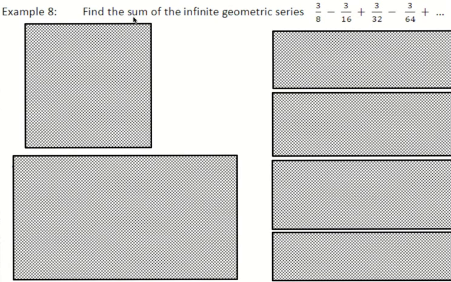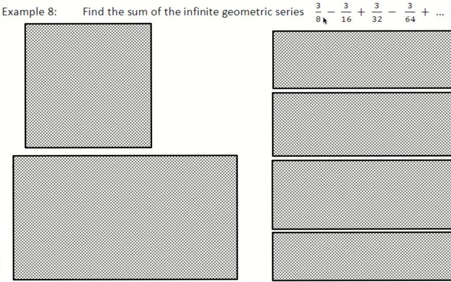So here we go. Find the sum of the infinite geometric series. And here it is, 3/8 minus 3/16 plus 3/32 minus 3/64. So what does that make our common ratio? Because whether or not this even has a sum basically depends on what your common ratio is.